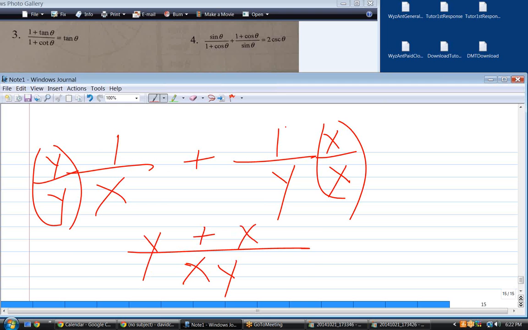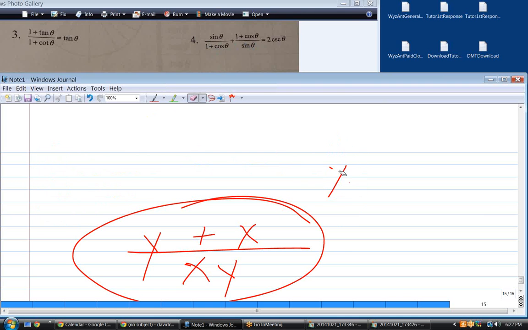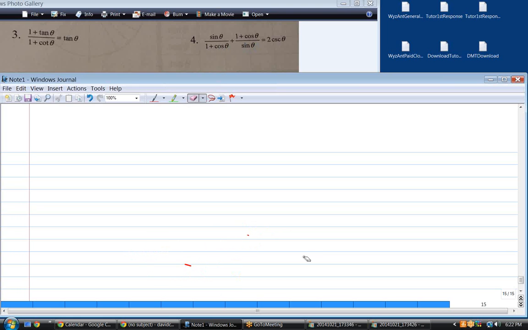So 1 over x plus 1 over y goes to that. And make sure you can always add two fractions, no matter how complicated they are. These were complicated, but not that complicated. It's still just the common denominator is the product of this times this, and then figure out what has to go up there and what has to go there.